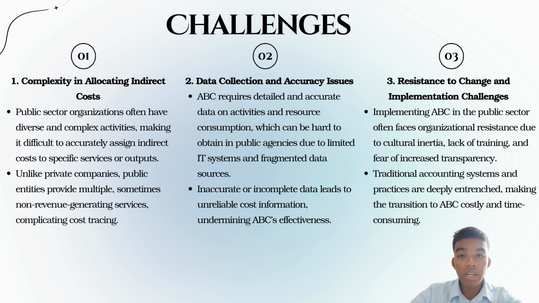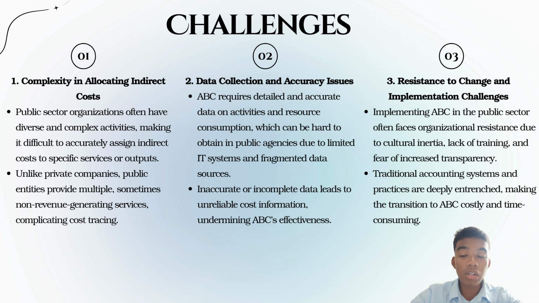Challenge 2. Data collection and accuracy issues. The second challenge is related to data collection and accuracy. ABC depends heavily on detailed information about the activities performed and the resources they consume. However, many public sector organizations struggle with limited IT infrastructure and fragmented data systems.